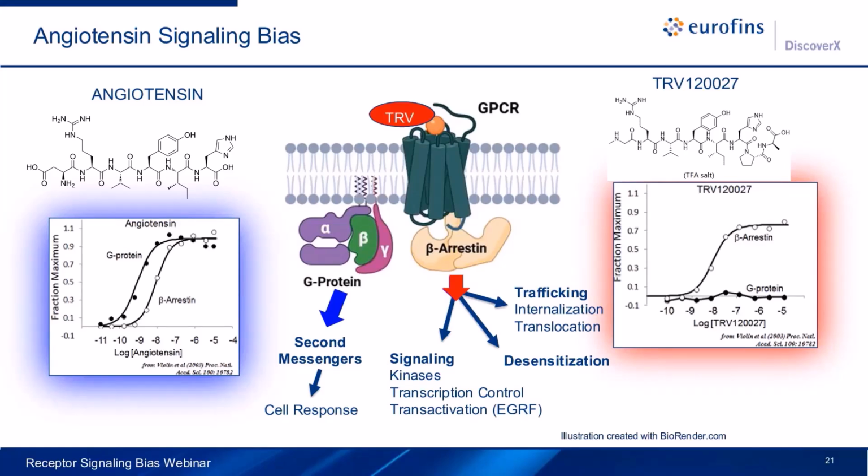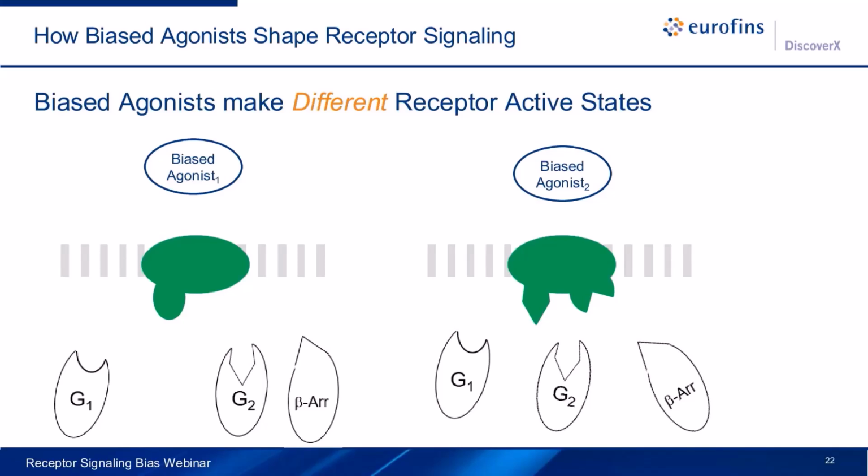And we can use this therapeutically. How does it do it? What's happening is these compounds stabilize various active states. They enter the ensemble of possible states, and they prefer some over others.